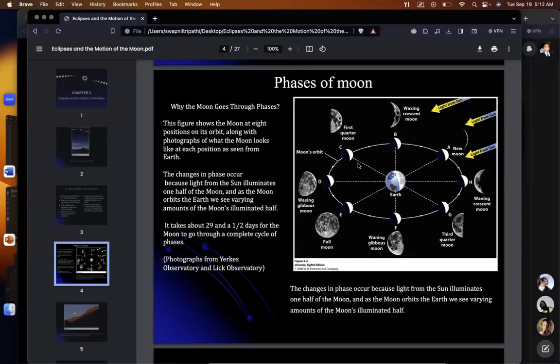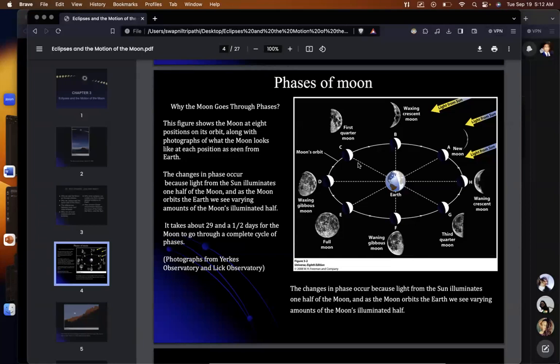Okay. The other misconception is that you can see the moon only at night, and that is wrong. Maybe it's more conspicuous at night, but it turns out that you can see the moon in the sky at pretty much all times of the day.